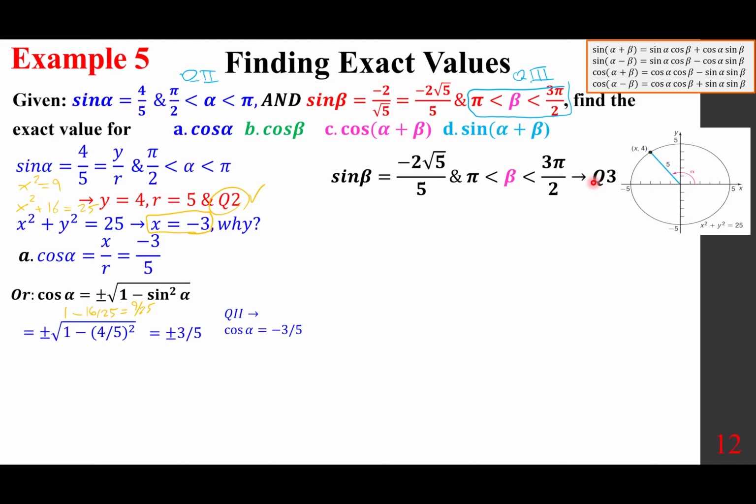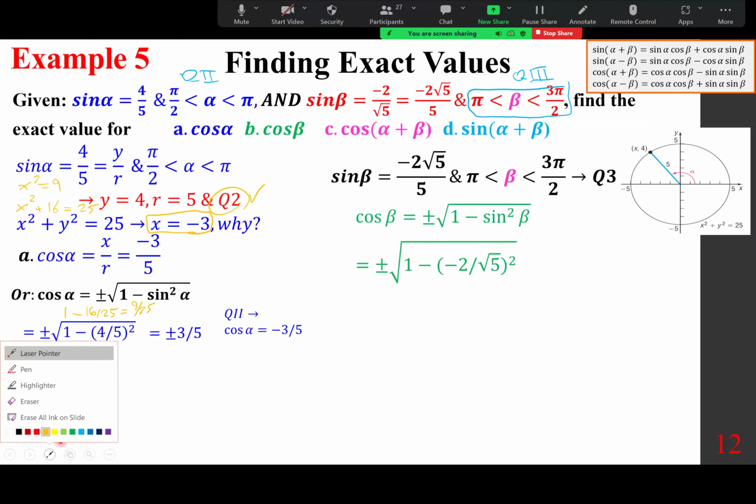In the third quadrant, remember, everything is negative except tangent and therefore cotangent. So if we go with the cosine being plus or minus the square root of 1 minus sine squared, and you plug in, so 1 minus 4 over 5, you get 1 over 5.